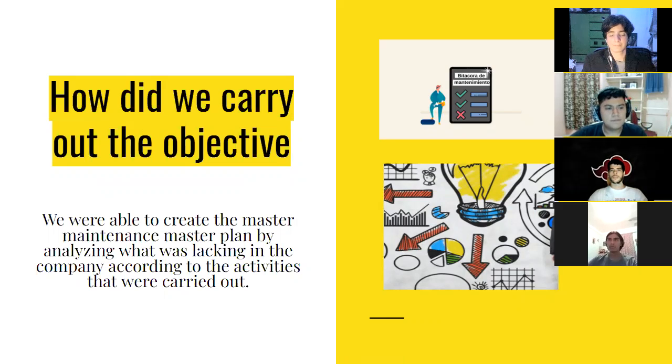So, we created prototypes of maintenance logbooks that contained the necessary activities or parts of the machine that had to be reviewed and repaired to perform the maintenance, and also gave it a weekly follow-up if this was necessary.